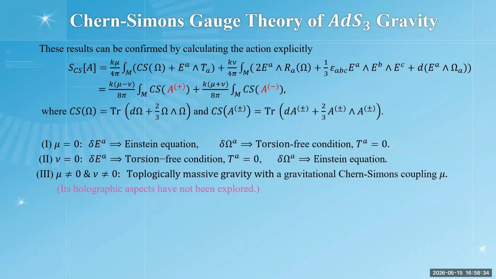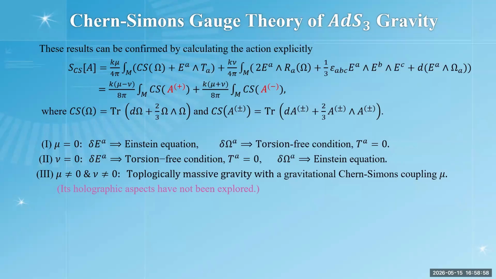But of course, the anomaly issue is serious. But as far as I know, there is no serious work about the holographic aspects of this theory with this mu term. And because there is a bulk degree of freedom and a propagating spin-2 mode, holography may be not trivial. But I think it is an interesting problem.